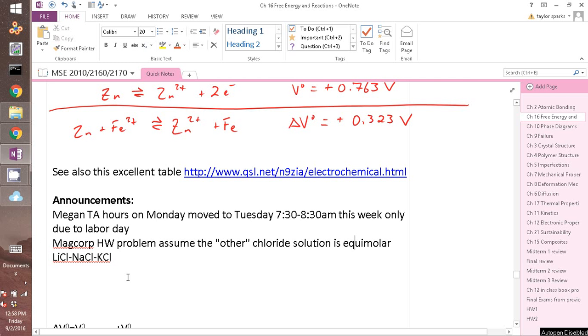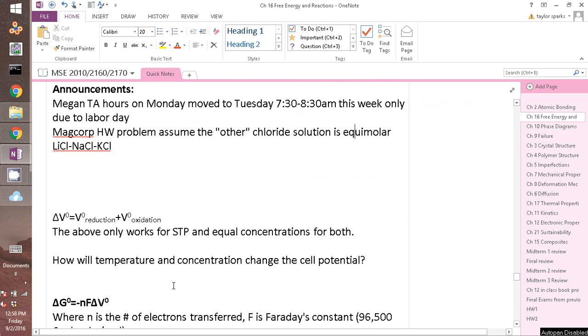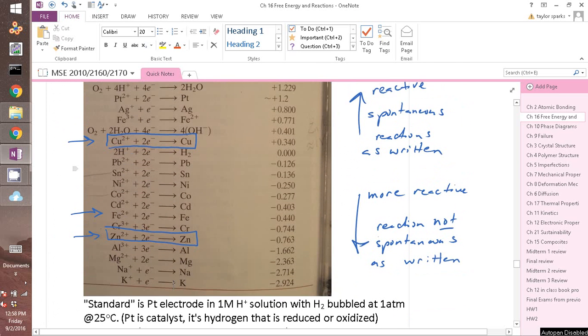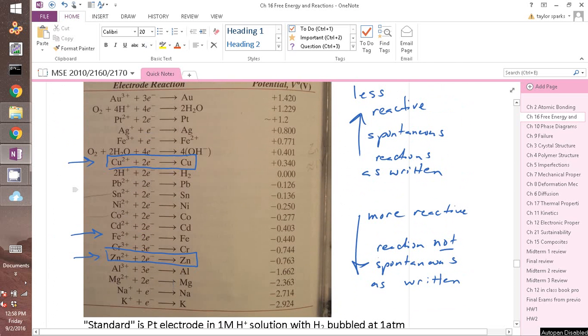Okay, that said, we're going to finish chapter 16 today, and we left off last time, and we'd said that, great, we can use these standard reduction potential tables, and we can say the lower one on the table has the more negative voltage. And since voltages are just opposite of free energies, where a positive voltage is spontaneous, then the one that has the more positive voltage is going to happen as it's written. And as it's written, it's a reduction reaction.